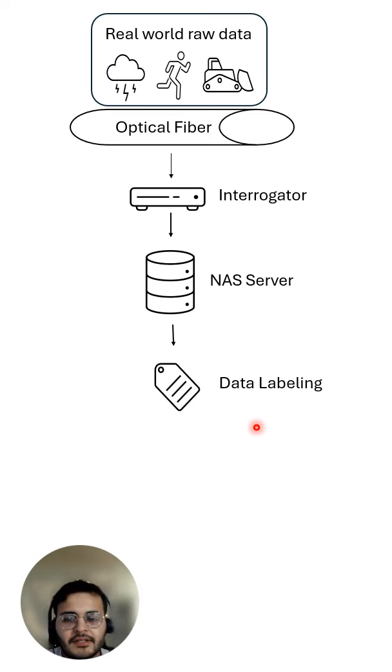When you label, you need to make sure that it is closely tied to the problem statement. For example, if you want to know when and where a drilling activity is happening, you need to make sure that the channels and the timestamp where you see the drilling activity are mentioned during labeling.